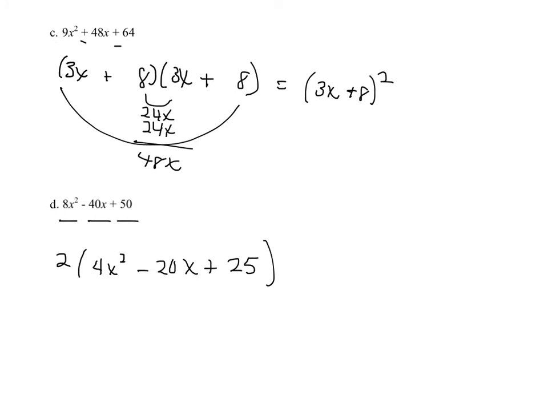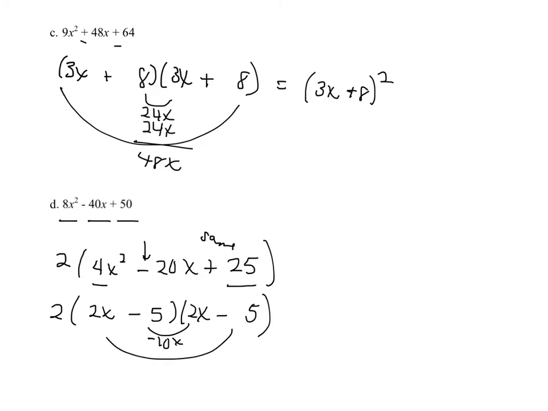Dead giveaway, we have a 4 and a 25, and they're both perfect squares. So 2x, 5, 5. But what are the signs? They have to be the same, and they're both negative. Check your cute cradle. I always check my cradle.